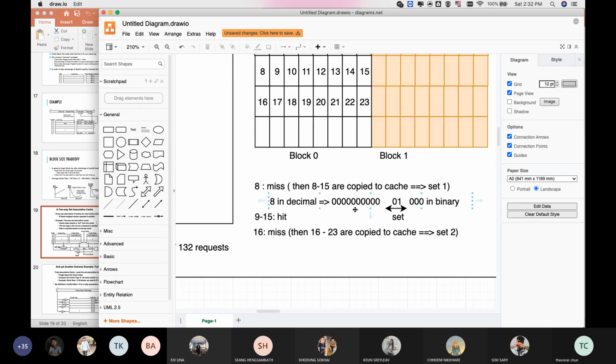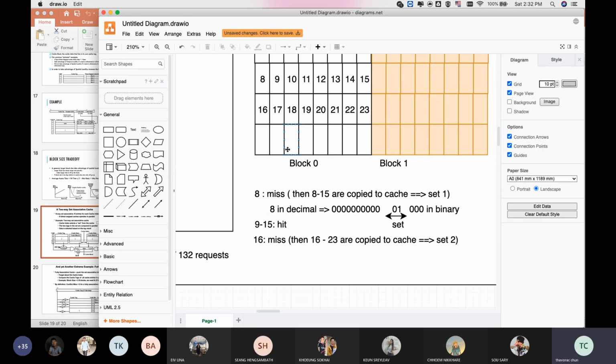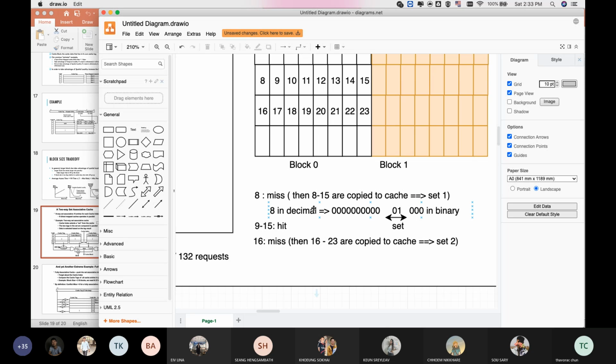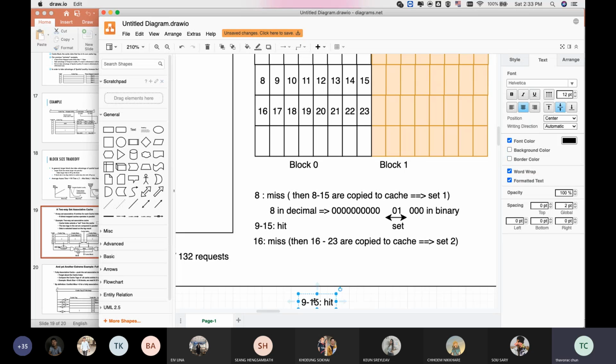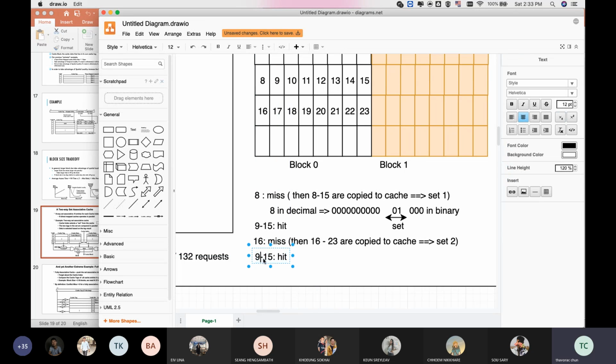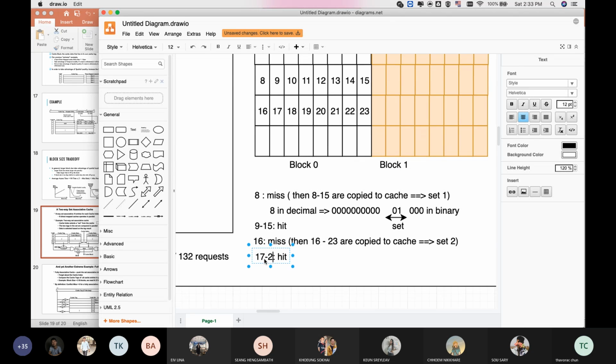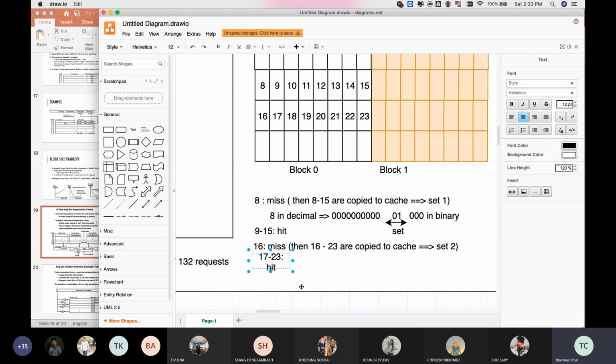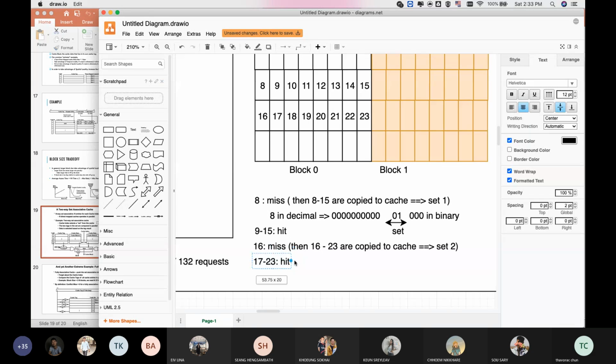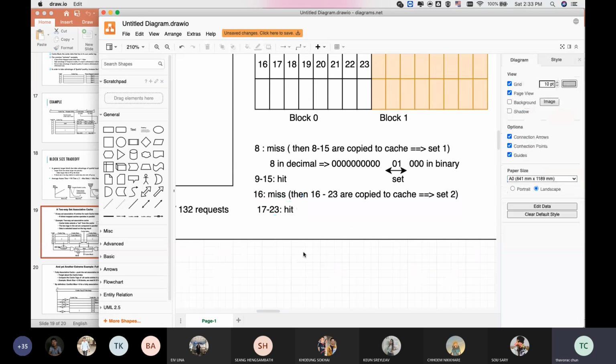Okay, so we copy the entire block into set number 2. So the next request, which is address 17 to 23, hit, right? Okay.